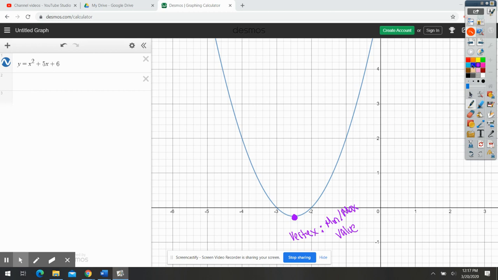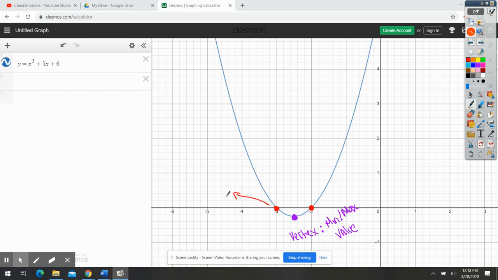Now, that's one piece here. The most important is our solutions. The solution of a quadratic or a parabola is where the graph hits the x-axis. So if you see this point right here and this point right here, what I put in red, these are what we call our solutions.